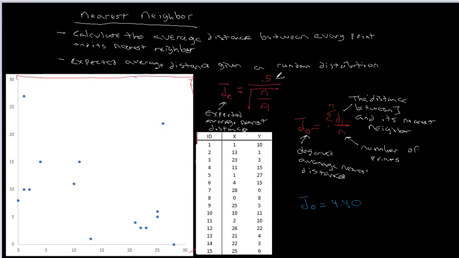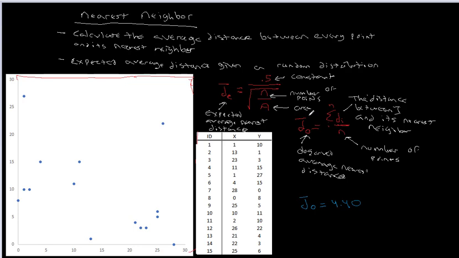At this 0.5, this is just a constant. So anytime we do these calculations, it's always going to be 0.5. This n, again, is the number of points. And this A is the area of the study area.